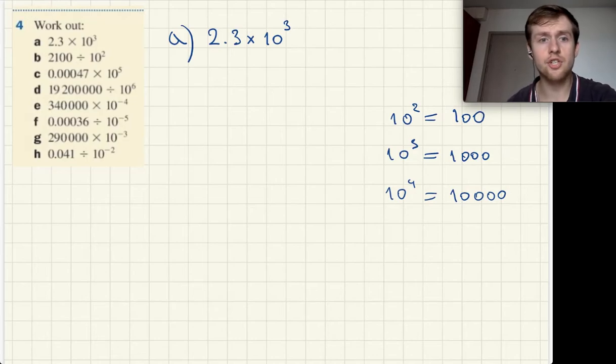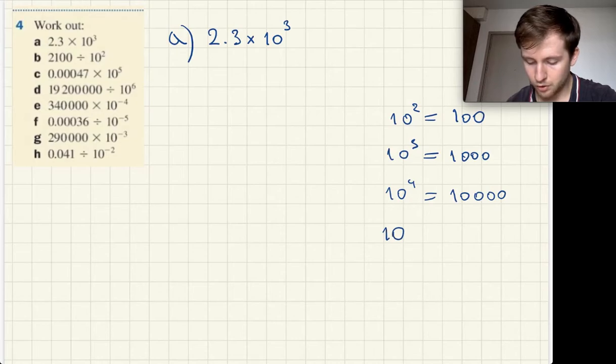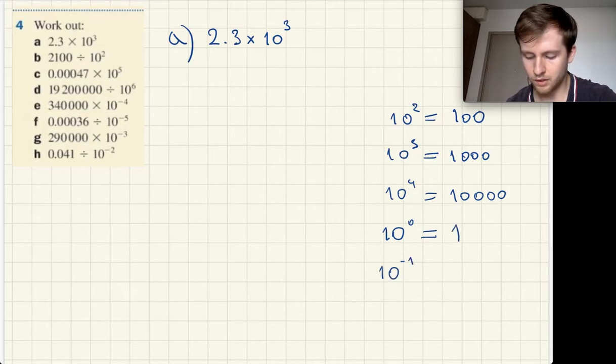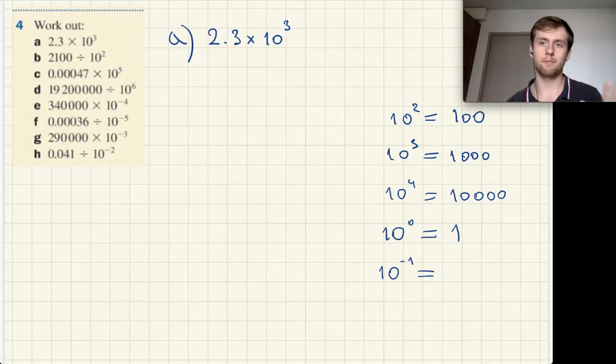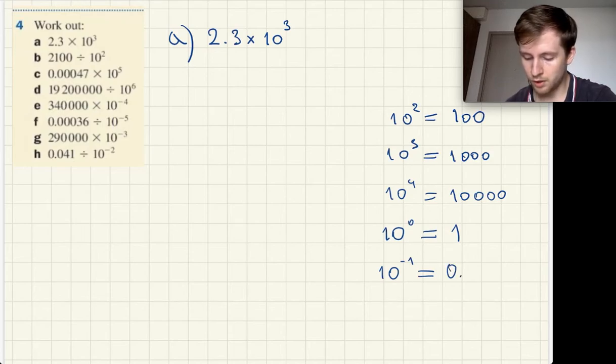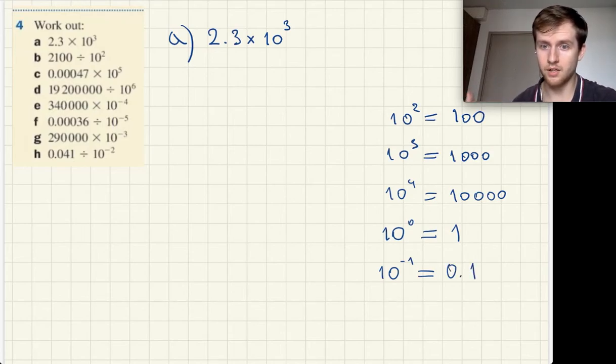It gets a bit interesting when we use negative powers, but I think it's going to be clear. For example, 10 to the power 0: any number to the power of 0 is 1. Then we are decreasing the number when we use negative powers. It's going to be 0.1 for 10 to the power negative 1.